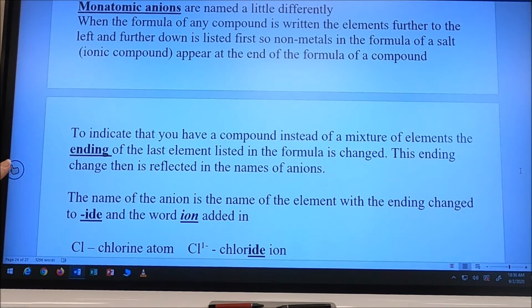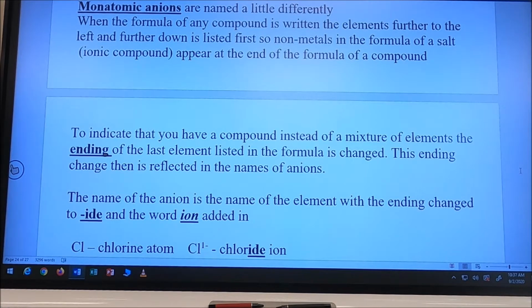So to indicate that we have a compound instead of a mixture of elements, the name of the last ion listed is altered from the pure element name. The name of the anion is going to look different than the name of the element, just by changing the ending.